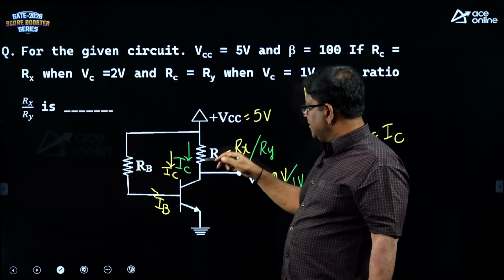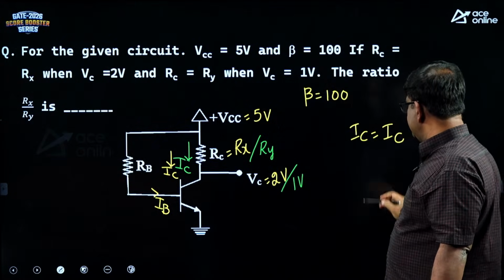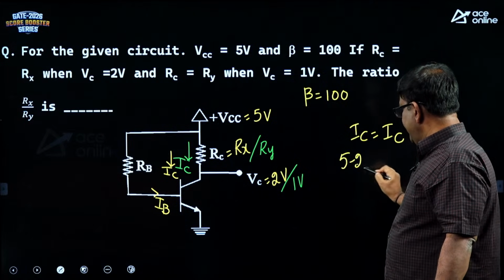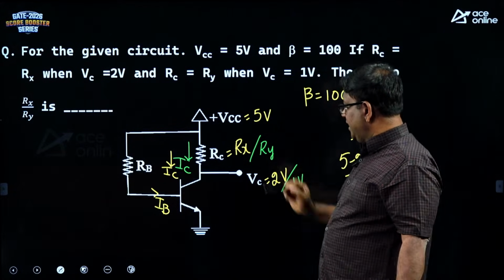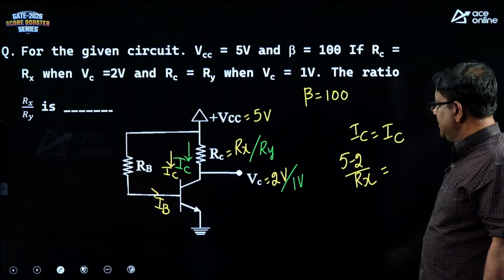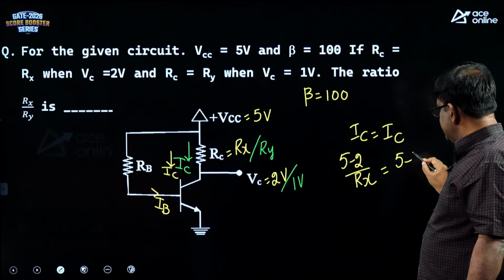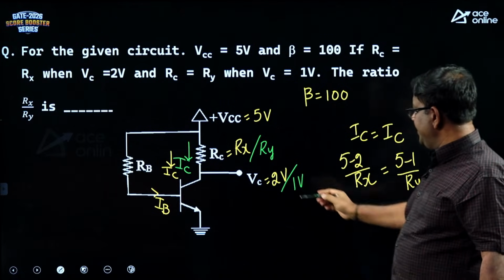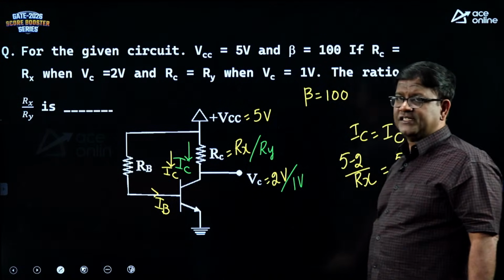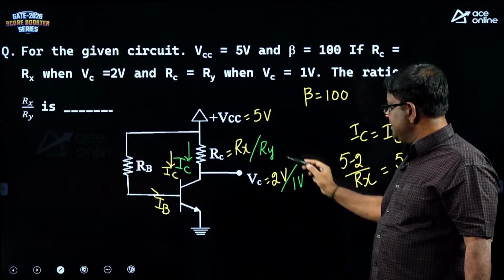So, what is IC here? In the first case, it is 5 minus 2 by Rx. In the second case, it is 5 minus 1 by Ry.